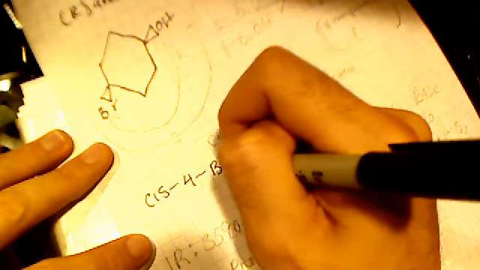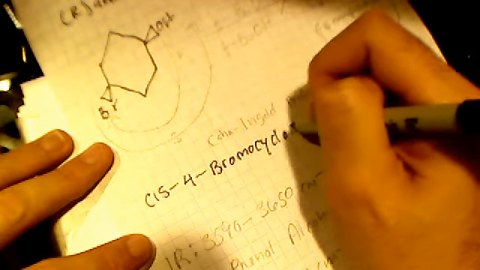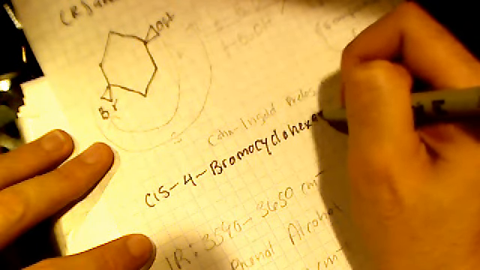This molecule is called cis-4-bromocyclohexanol.